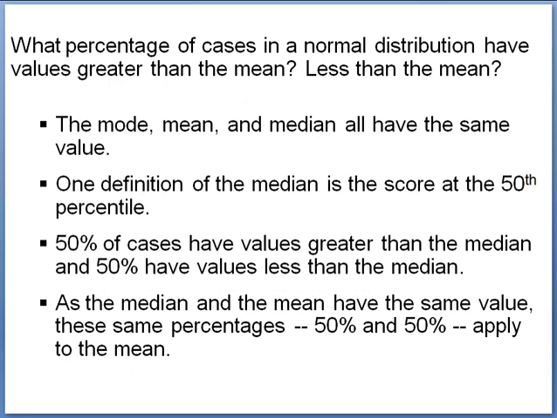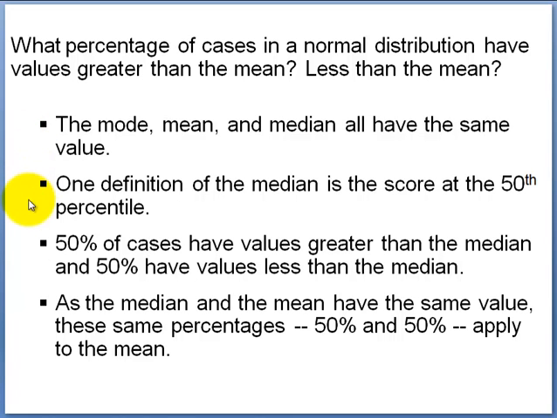Okay, we're going to try to respond to a different question. What percentage of cases in a normal distribution have values greater than the mean, and for that matter less than the mean? So let's work the logic through on this. By definition, the mode, mean, and median of a normal distribution all have the same value.